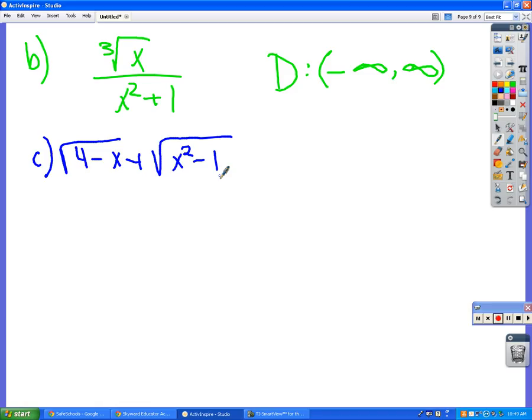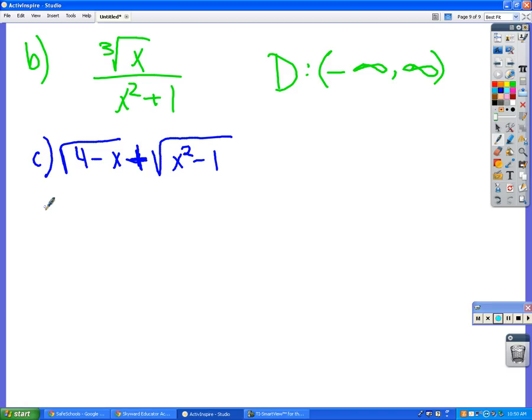Okay, so now we have some square roots, right? What is that? That's a plus, I know, it's just a -1. Speaking of horrible handwriting. Okay, so 4 minus x, I need to make sure that I never have a negative number underneath there.